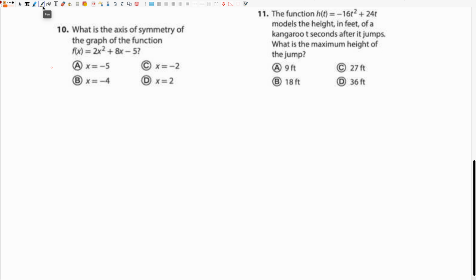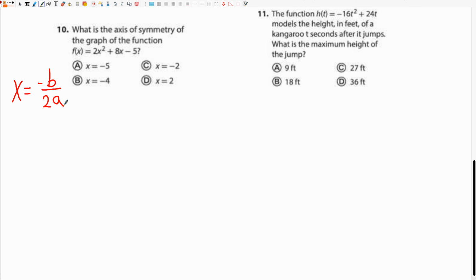They're not hard steps, but we need to remember that x equals negative b over 2a. You need to remember that. I'm not writing that down on the board. I'm not giving you that equation.